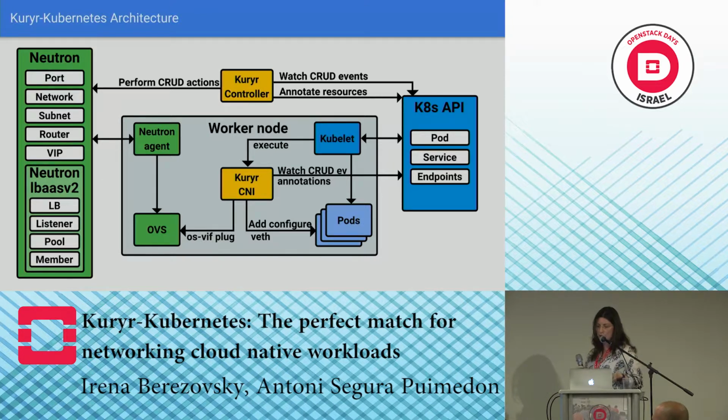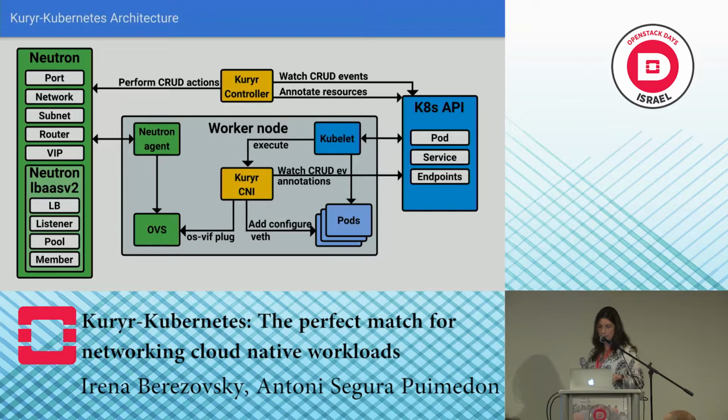Currently, it looks for changes on pods, services, and endpoints. Once a relevant change occurs, it goes to the Neutron server and creates the relevant object. So each pod is translated to a Neutron port. Services and endpoints are translated to the Neutron load balancer model.